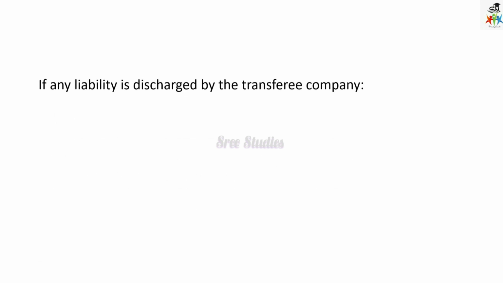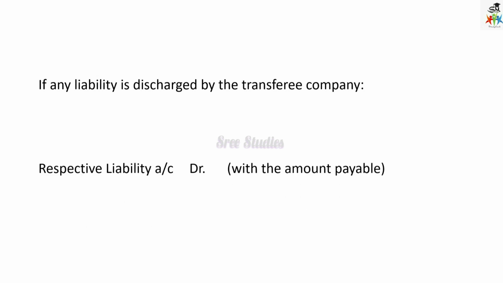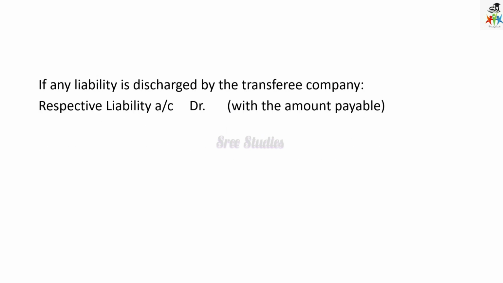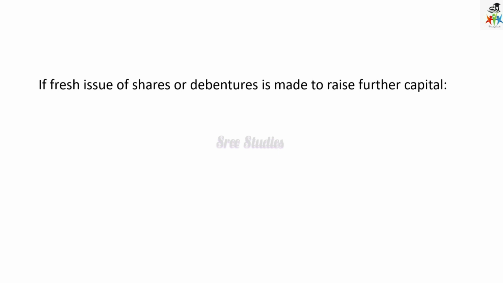If any liability is discharged by the transferee company, then that respective liability account debtor to share capital account, to debentures account, to bank account. In case of fresh issue, to meet the requirements of the newly formed business, cash may be required. In such a case, a fresh issue of shares or debentures may be made to raise further capital.